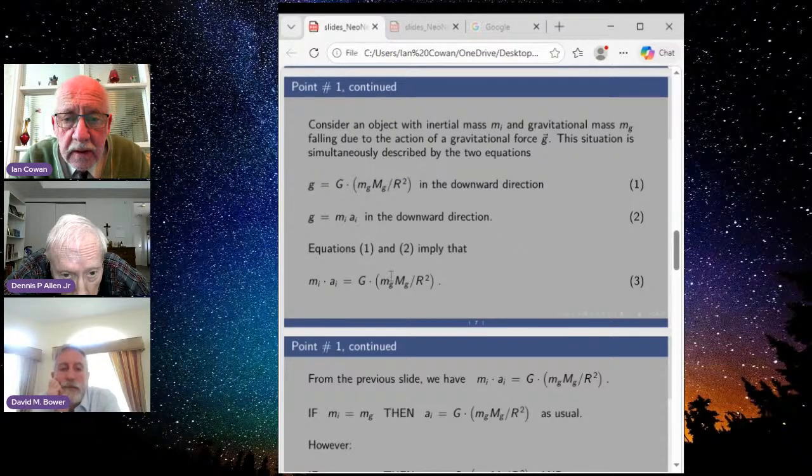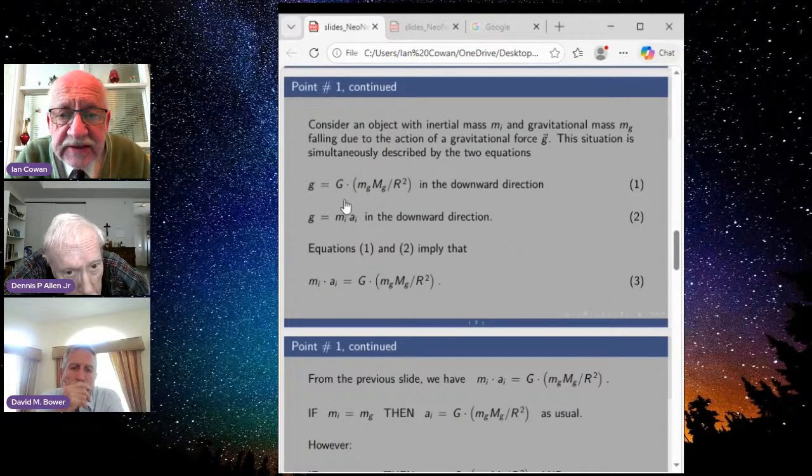Why? Dimensionally, Newton's constant takes care of all the dimensions. Well, yeah, but is G acceleration or is it downward force? That's a force. That's a scalar equation. Yes, but the dimensions of that are force, and you'd have to multiply that by m to get force. So I think it should be just G, capital M g over r squared.